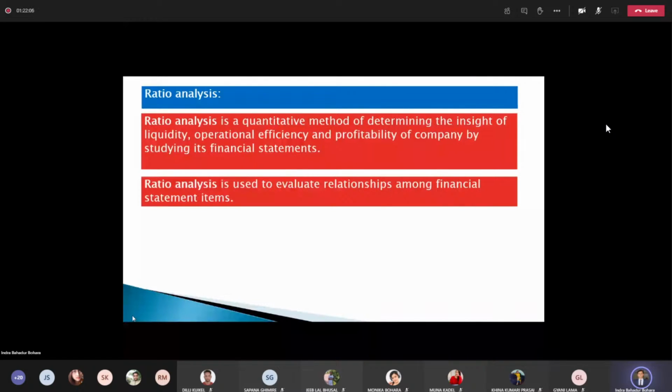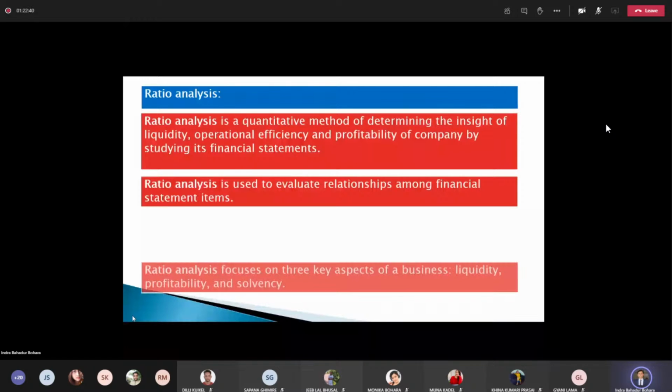Similarly, to study the financial position of the company, whether it is better or worse, it is based on the information presented in the financial statement. So ratio analysis is used to show the relationship between two variables which are presented in the financial statements, which evaluates the relationship among the financial statement items.